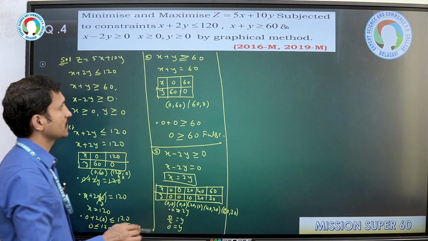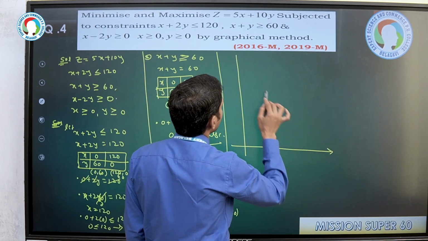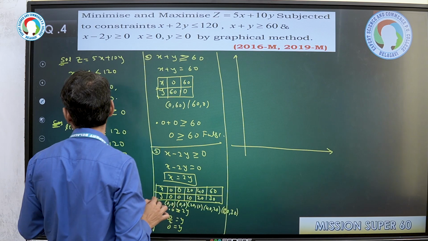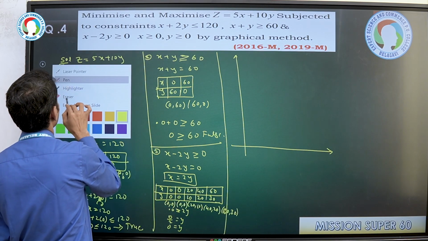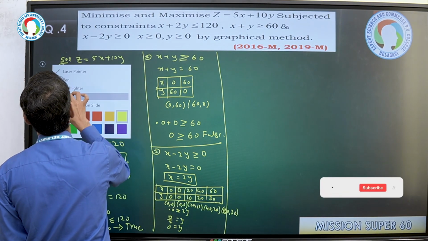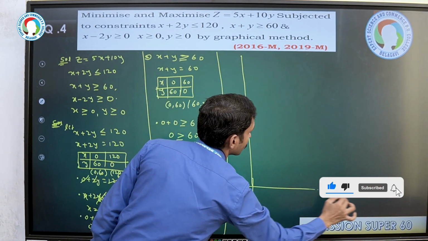After getting this, you have to draw the graph. The highest value is 120, so you should draw a proper graph.